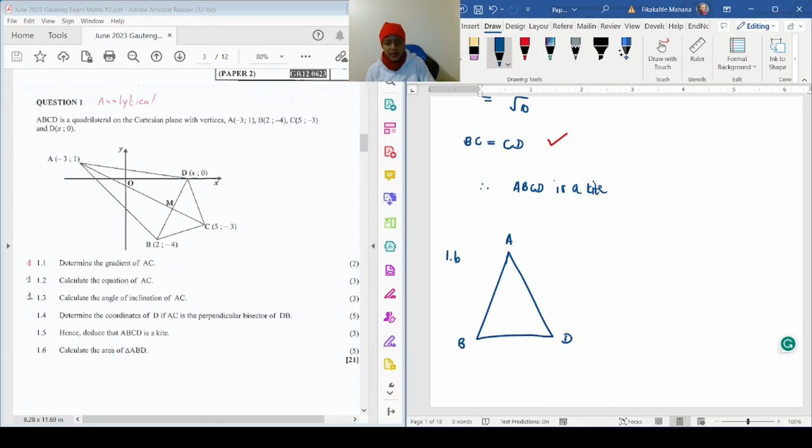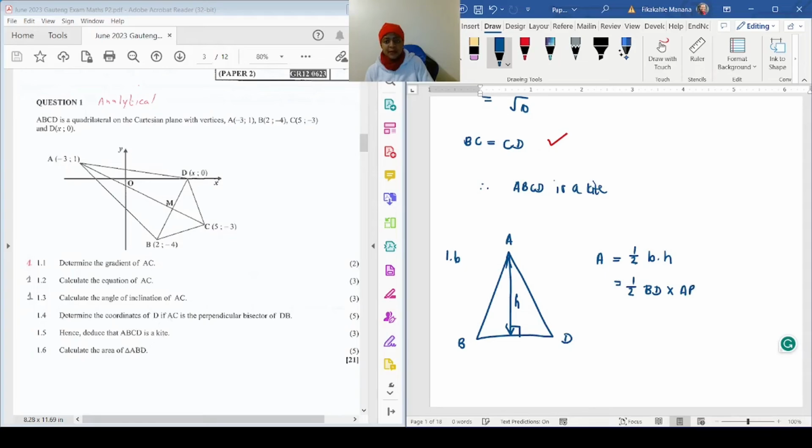We already know that this is the perpendicular height, right? And we can use our area formula, half the base times the height, which is what exactly? Your base is BD and your height is AM.